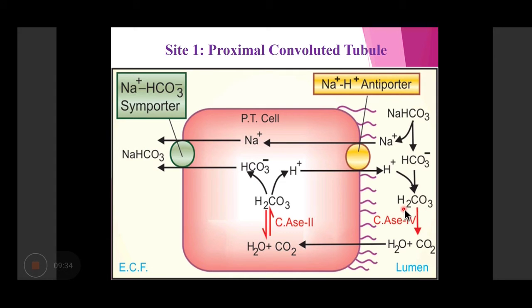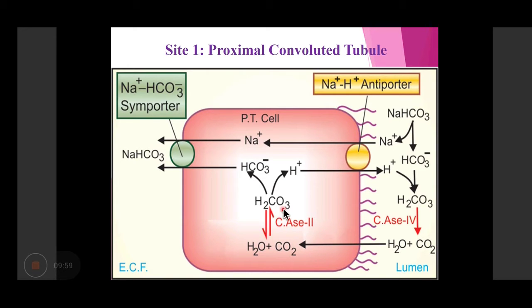So it breaks the carbonic acid into water and carbon dioxide. And now, since this has become sort of lipid soluble, carbon dioxide and water are now able to move inside the cell. In the form of bicarbonate, it was not able to move inside the cell, but in the form of carbon dioxide, it can move inside the cell.